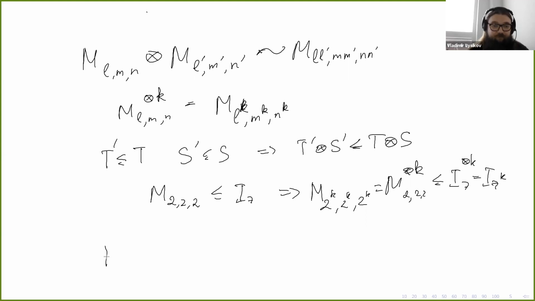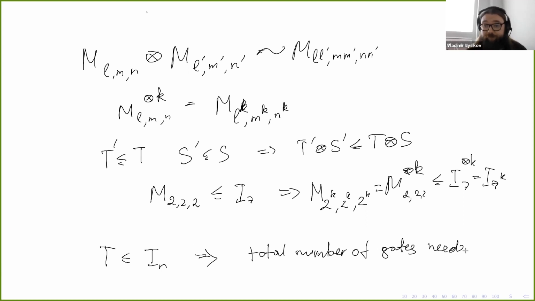So if some tensor T is a restriction of In, then the total number of gates needed to compute T tensor power of k is O of n to the k, maybe times some logarithmic factors.